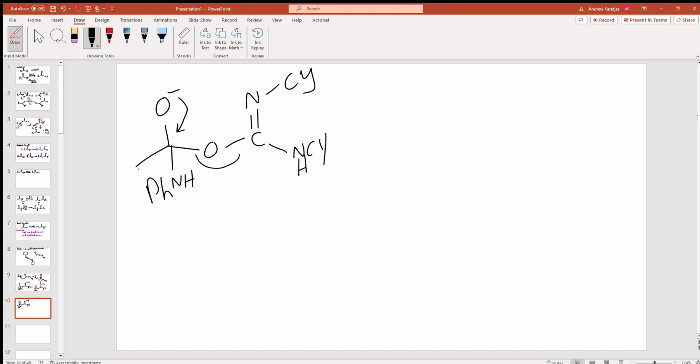We kick out the leaving group, and those pi electrons will pick up a proton from somewhere, presumably one of the amines that's given up a hydrogen. And we formed our product, which is an amide. And we formed this new carbon-nitrogen bond.